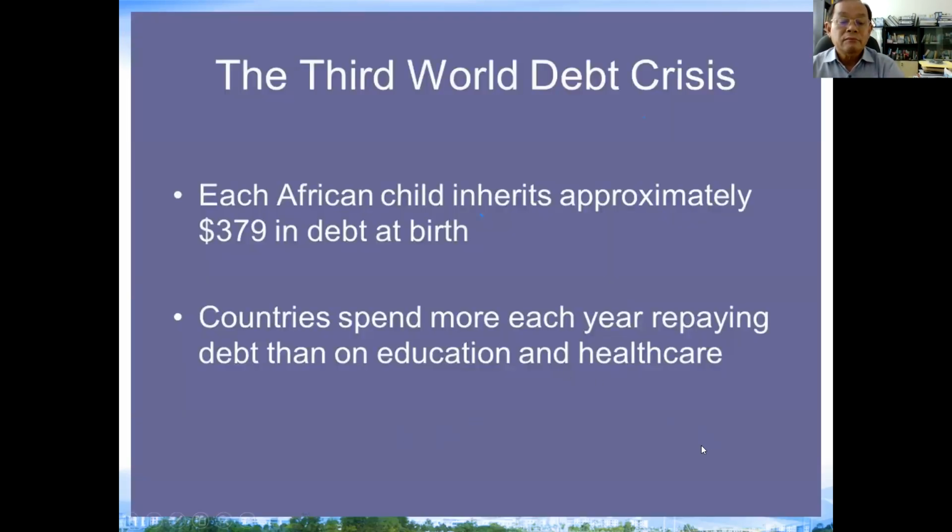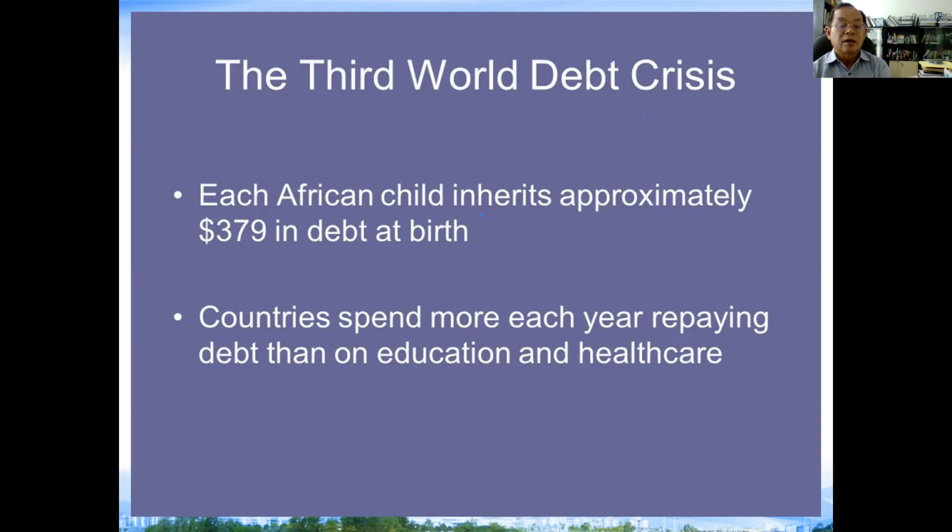Right? This is just another example. In Africa, for example, as a result of the debt crisis, each African child, on the African continent, inherits approximately $379 in debt at birth. It means when they are born they are already burdened with debt, because the debt was taken or made by people before them.